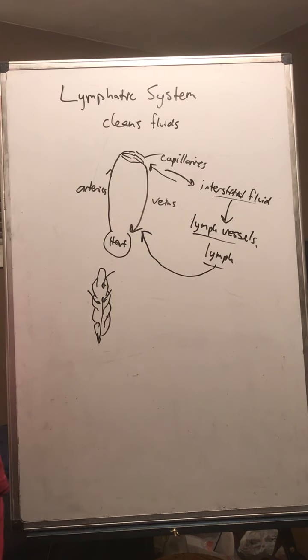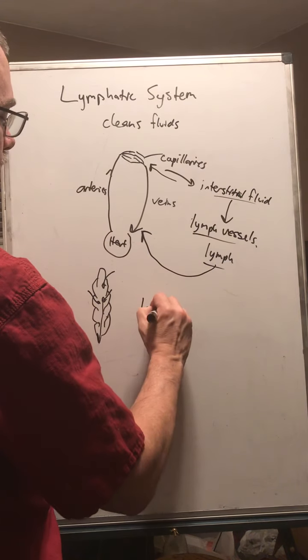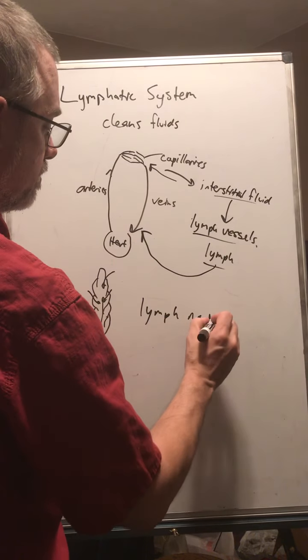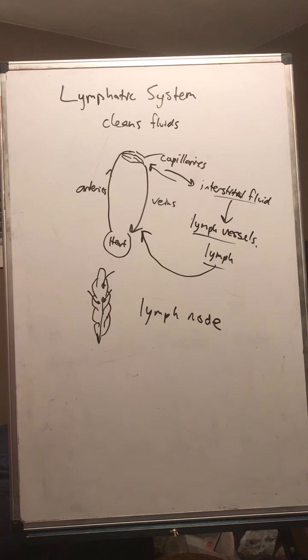So once it's cleaned. In order to be clean, though, it has to pass into a vessel called a lymph node. Look at your book on the page previous, figure 15.1, the human lymphatic system.